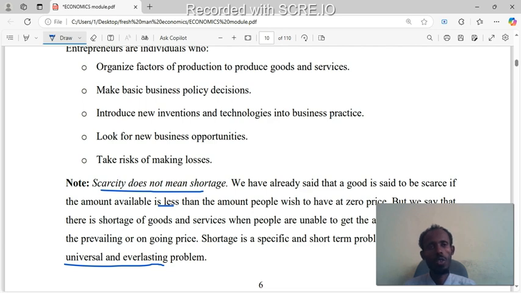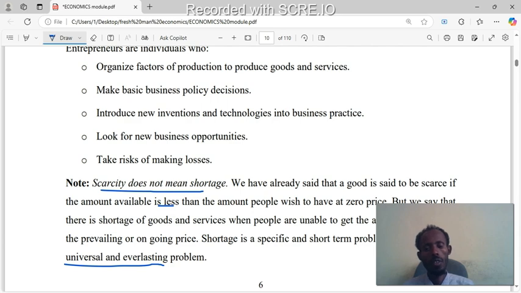Not for a duration of time. So scarcity is a universal and everlasting problem, but shortage is a specific and short-term problem. For example, if the government of that area supplies a number of vehicles, then the shortage of transportation can be solved.